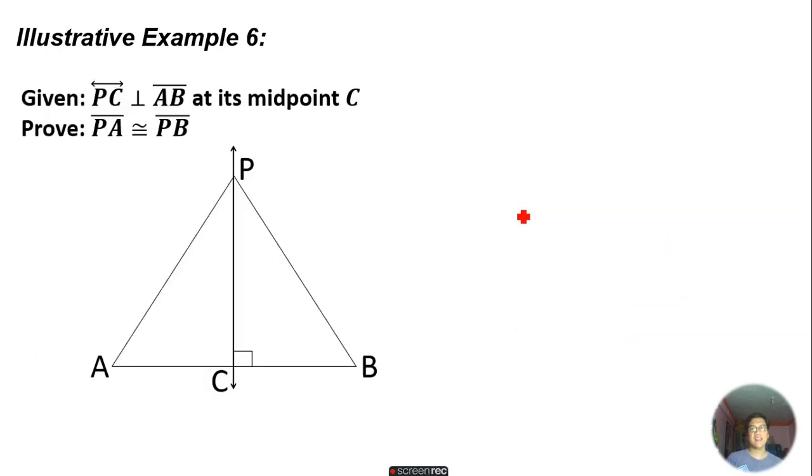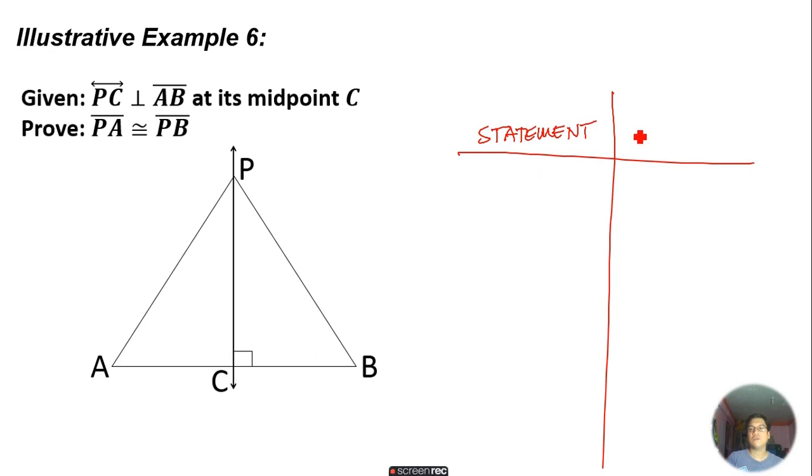In this case, we have line PC is perpendicular to AB at its midpoint C. We are given two clues there, perpendicular and midpoint. So let's again first construct our two-column proof, statement and reason.